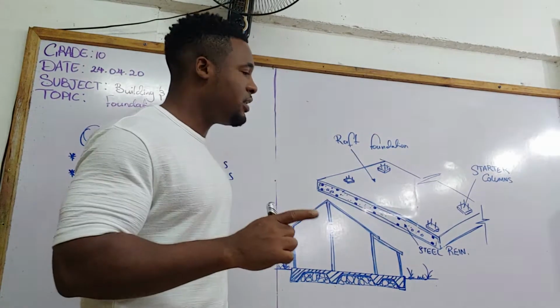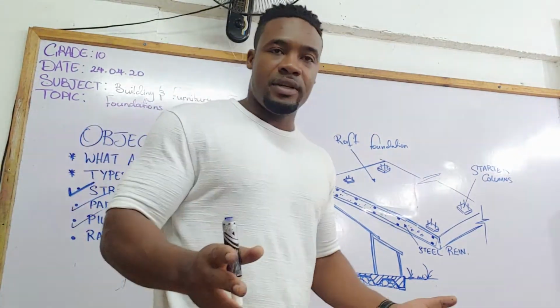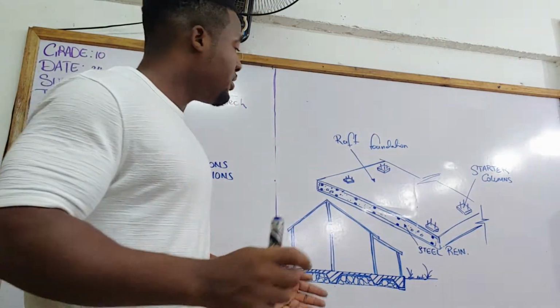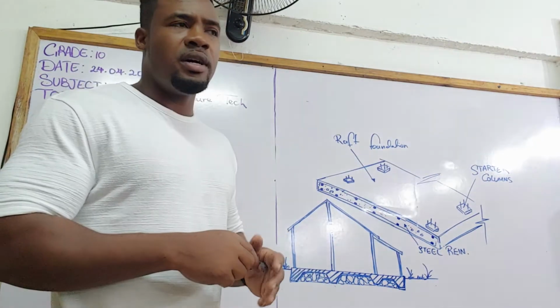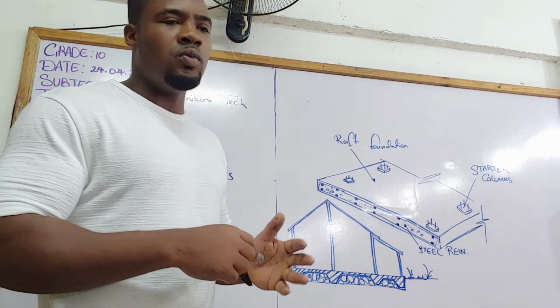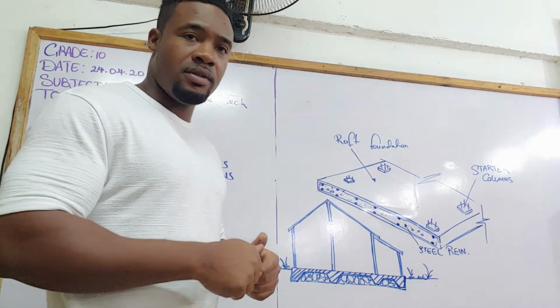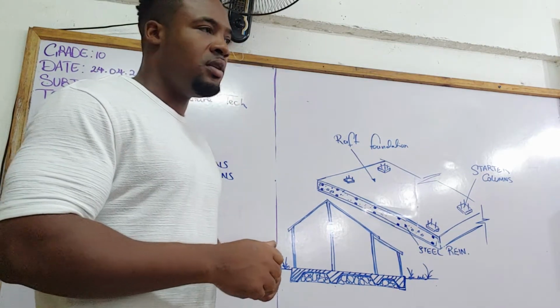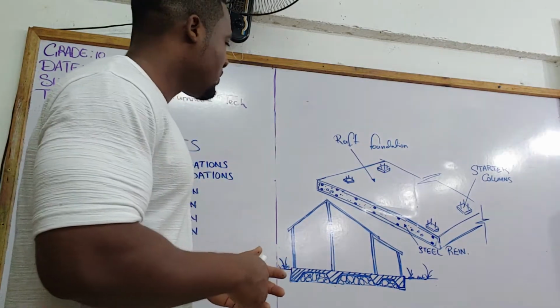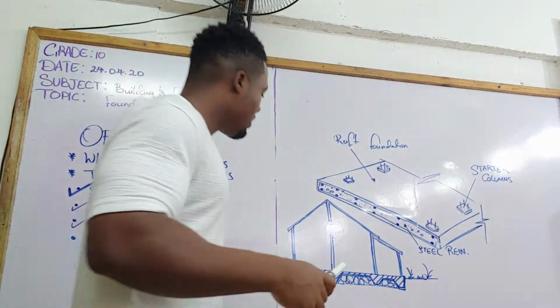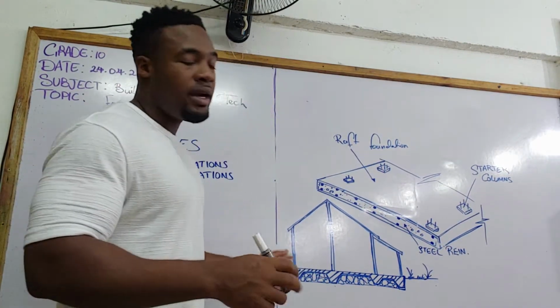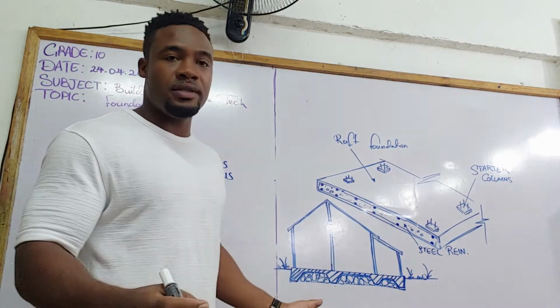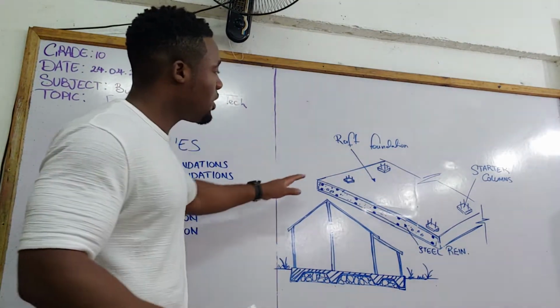Now, the raft foundation is a very significant one, right? The raft foundation is used where you have weak soil type as well. And what the raft foundation does is act as a widespread distribution system, because it's one wide structure.